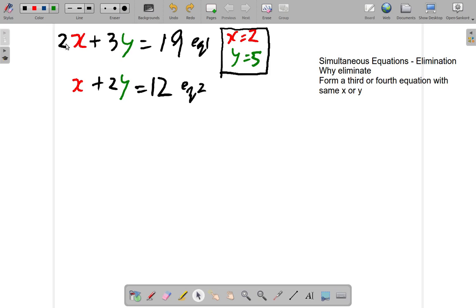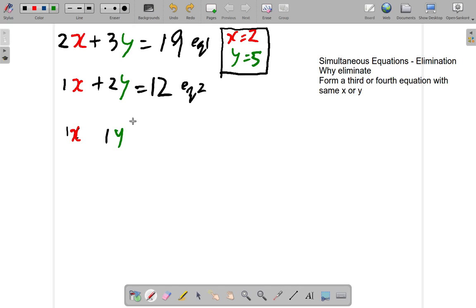Equation 1 or 2, these do not have the same x because we have a 2x and a 1x. When you say x here, it really means 1x. So let me put the 1 in front of this x. 2x minus 1x gives you 1x. You did not eliminate x. If you try to subtract equation 1 and 2, you have 3y minus 2y gives you 1y. Y would still be there.